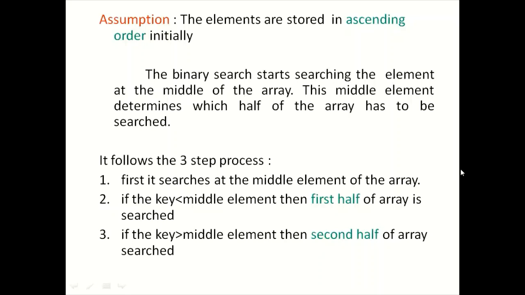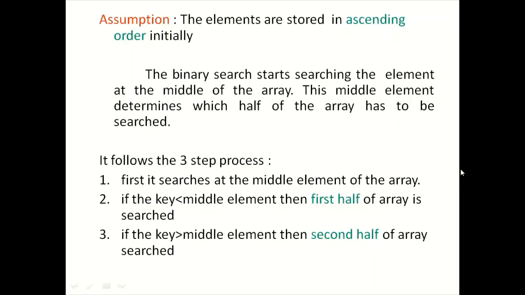So, if the key element is less than the middle element, it exists in the first half. Similarly, the second half of the array is searched if the key element is greater than the middle element. So this process continues until the element is found or no element exists in the array.